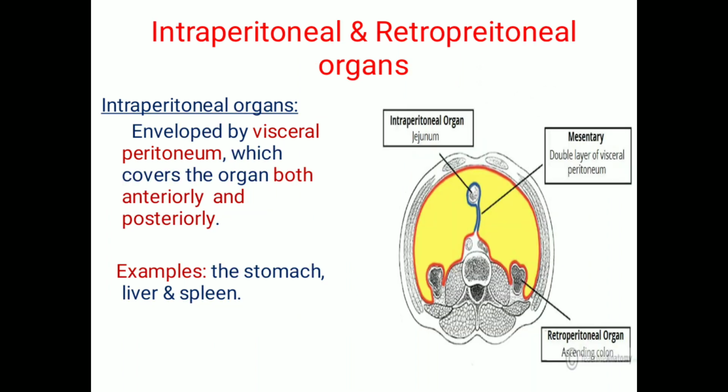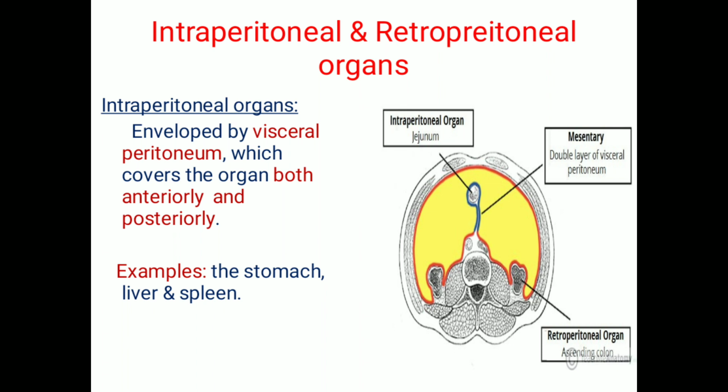Next come to intraperitoneal and retroperitoneal organs. First, intraperitoneal organs. So intraperitoneal organs are covered or enveloped by visceral peritoneum, which covers the organs both anteriorly and posteriorly. Examples are stomach, liver, and spleen.